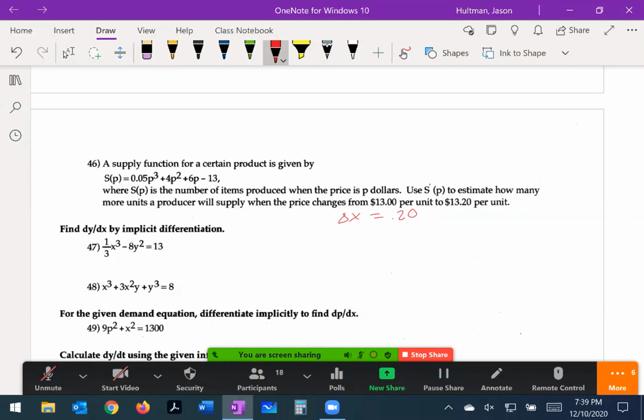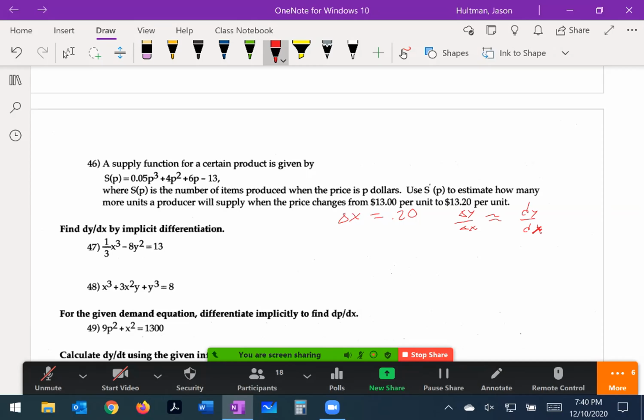Okay, so we want to estimate how many more units a producer will supply. So how many more units will the producer supply when the price changes from 13 to 13.20? So we know that delta y over delta x is approximately dy over dx. Okay, so let's take the derivative of this.